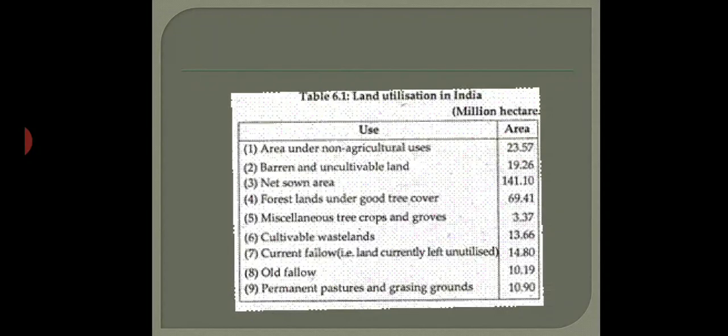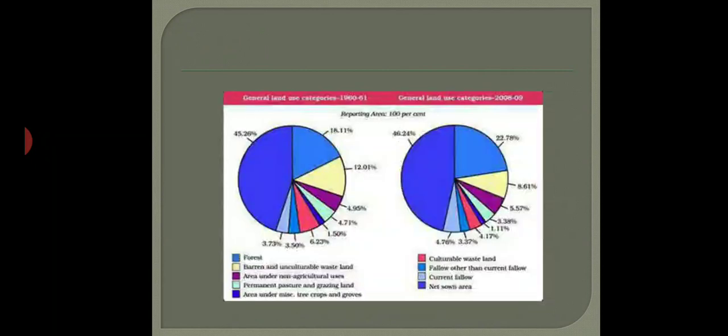So these are some of the factors which affect the utilization of land. Now in this table you can see the various ways in which the land has been utilized and their percentage. Now coming to this figure, there is a comparison between the data of 2008-09 and that of 1960-61.